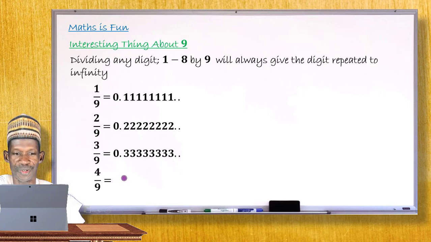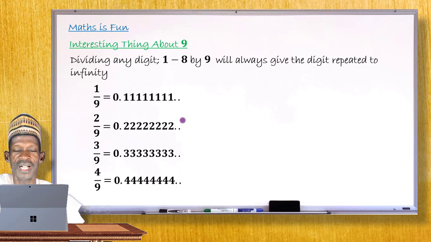So the result is now going to be 4 each, and it continues to infinity. If you do it with the calculator, this is what I believe you get on your screen. And you can take other numbers 5, 6, 7, and 8 and divide them by 9. You get that very number that you have divided but repeated to infinity.